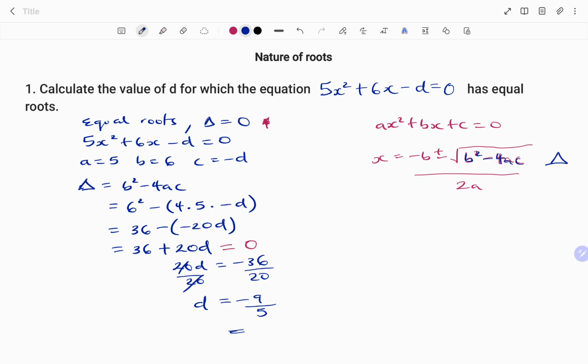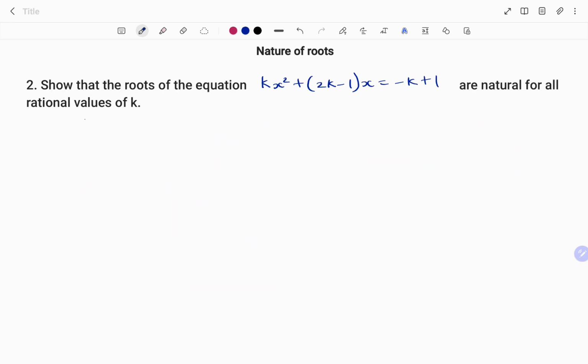In the second example, we have to show that the roots of the equation kx squared plus, in bracket, 2k minus 1, multiplied by x, equals minus k plus 1 are rational for all rational values of k. A discriminant, which determines the nature of a root, can be found by finding the value of b squared minus 4ac.